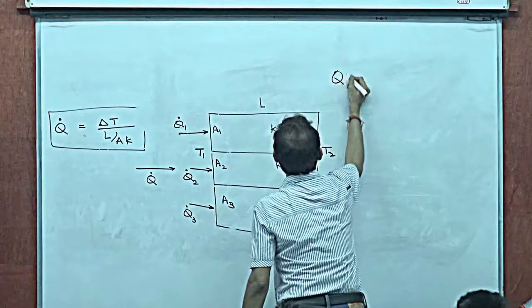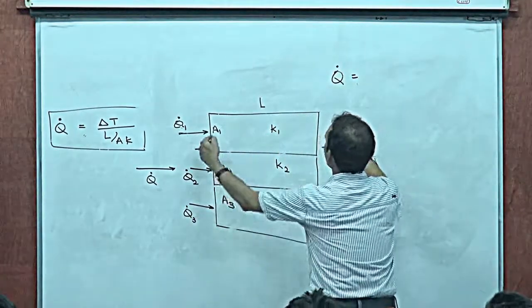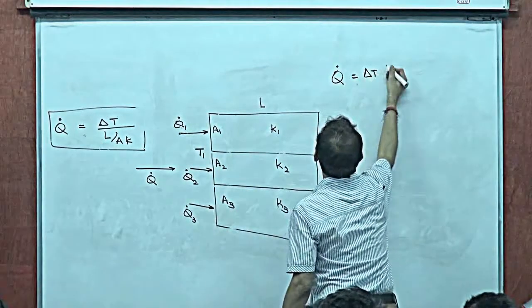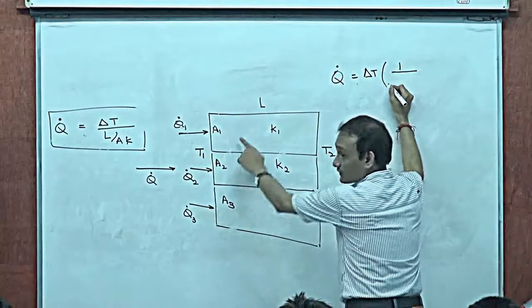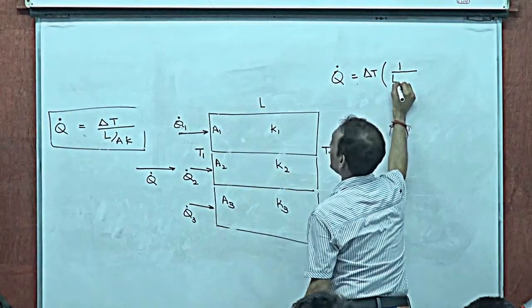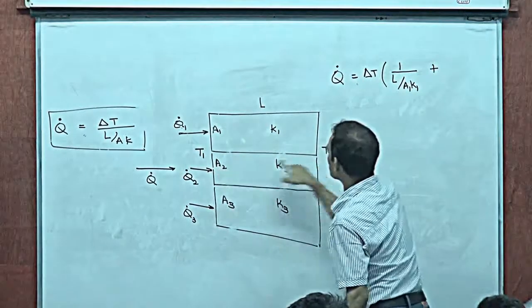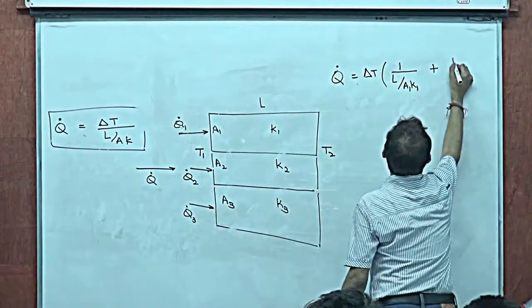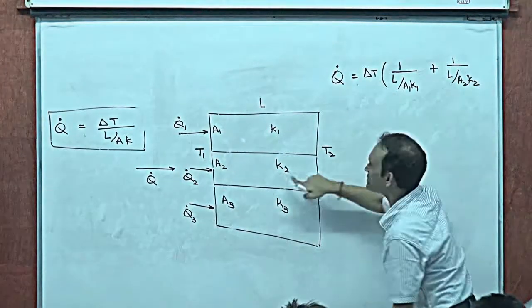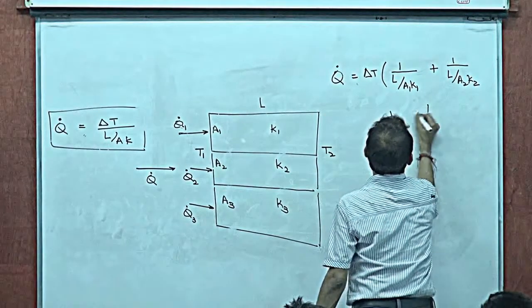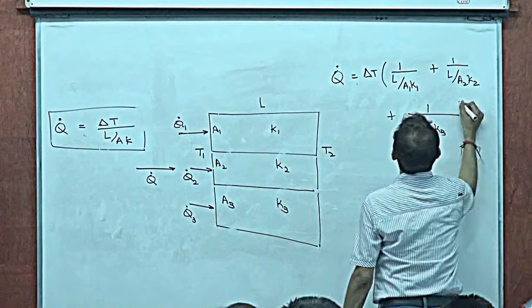So, the total heat current Q dot is the difference in temperature delta T divided by the thermal resistance L by A1 K1, plus the same temperature difference divided by L by A2 K2 for this, plus divided by L by A3 K3 for this.